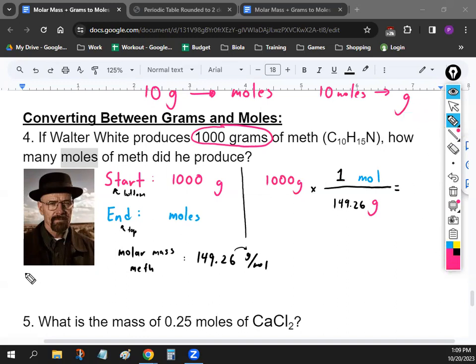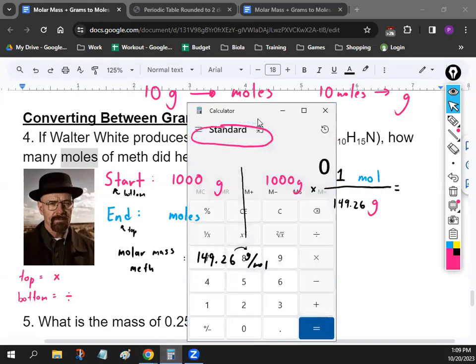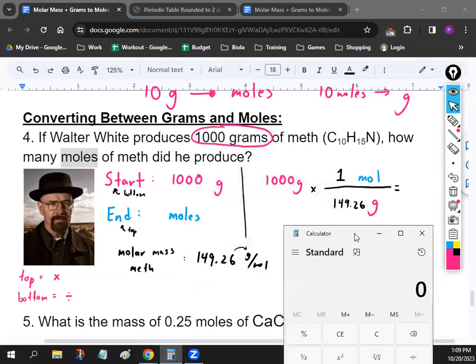All right, so quick algebra lesson. Whenever you have a fraction multiplying with another number, the numbers on the top you're going to multiply, and the numbers on the bottom you're going to divide. So in this case, we're going to punch into our calculator 1,000.